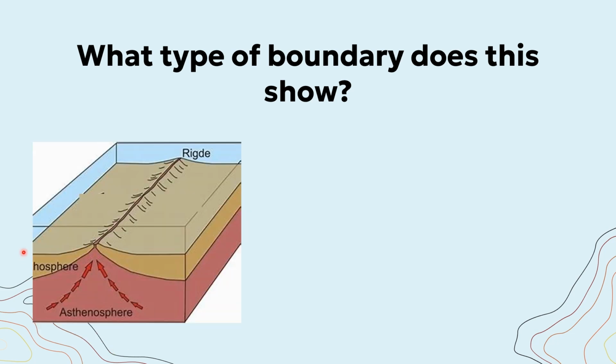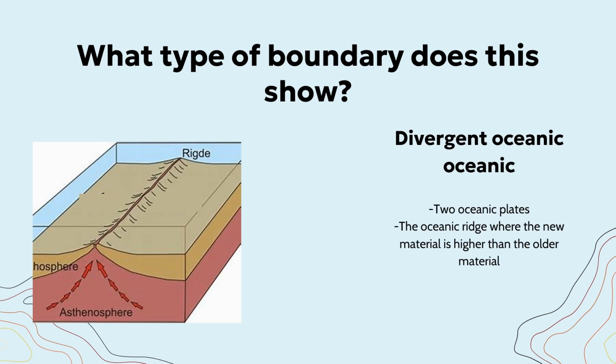This is the last one of these. I'll give you a couple seconds to think about it. It is a divergent oceanic plate. This one might be a little hard because you might get confused by this ridge right here.